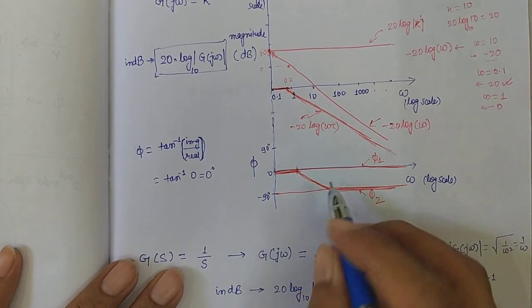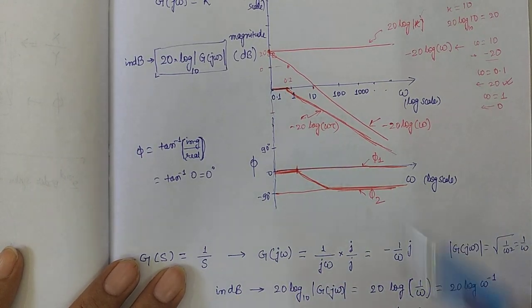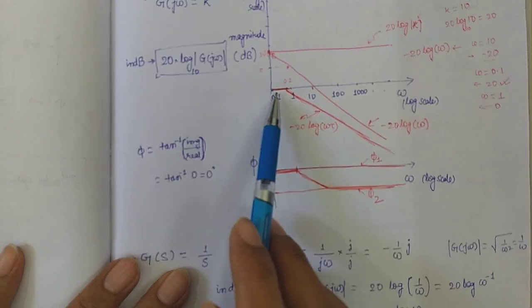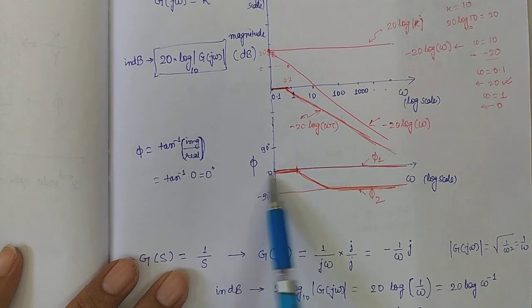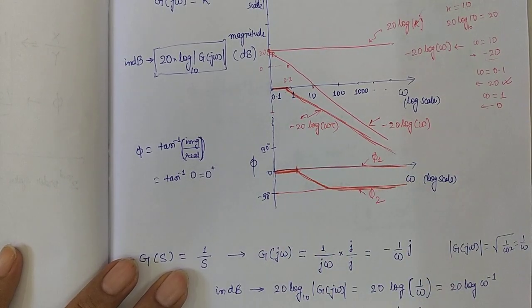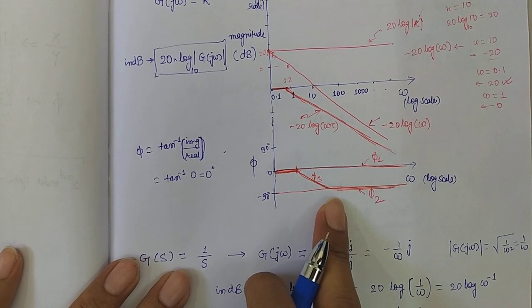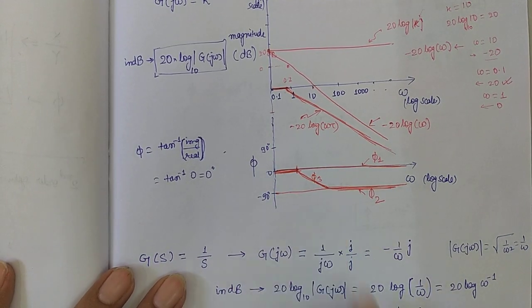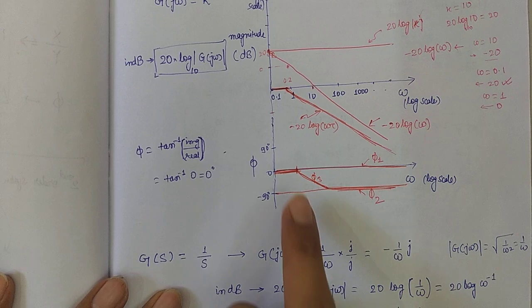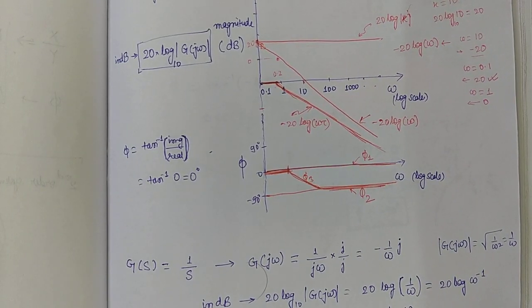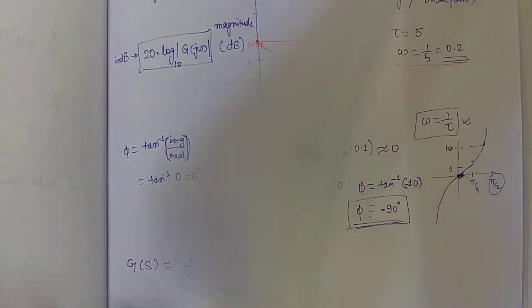See, you can see the differences. This is your constant function, this is your 1 upon s thing, this is your first order system. And similarly, let's suppose this is my phi 3. Similarly in gains also, phases also. This is how the parameter will change with frequency.